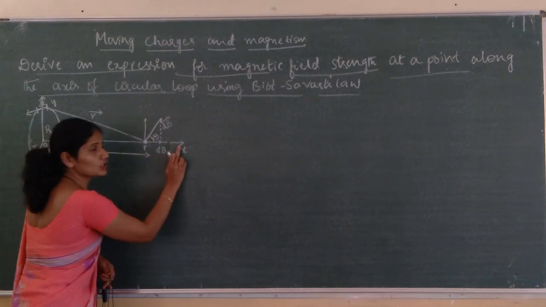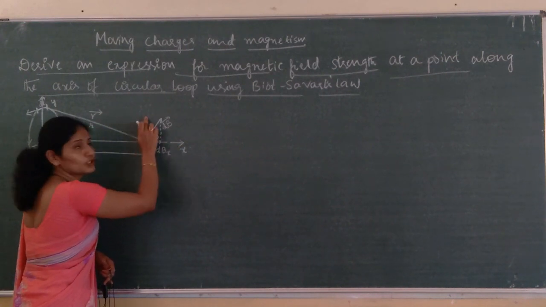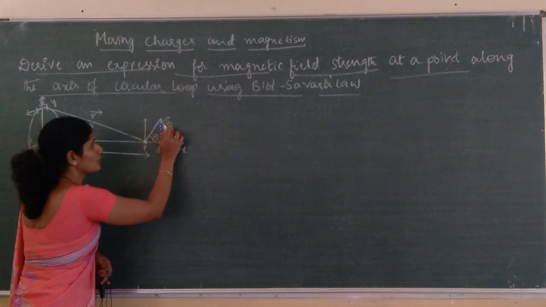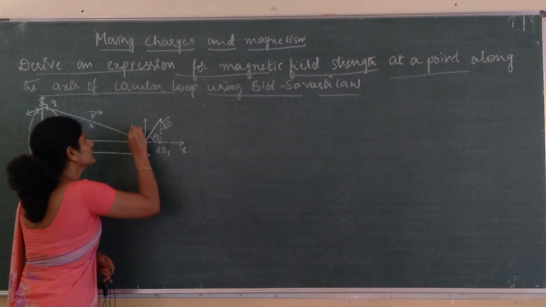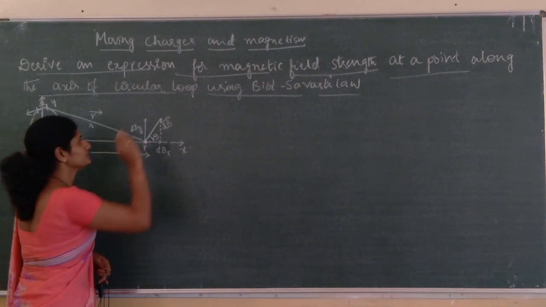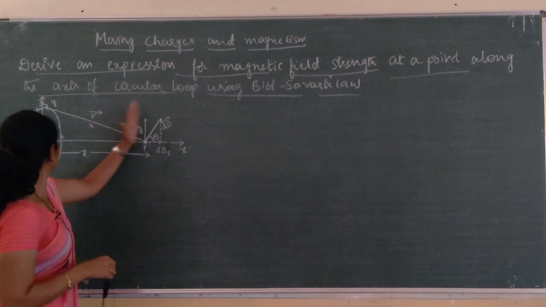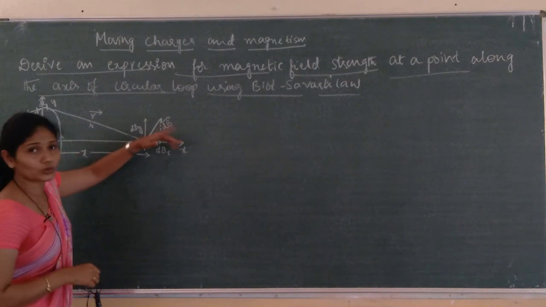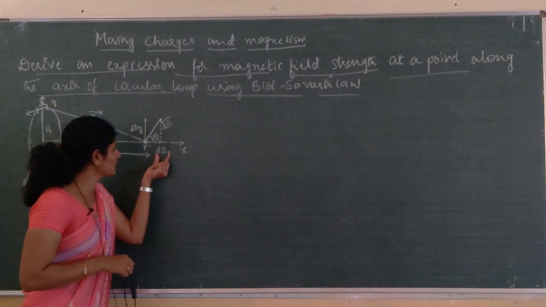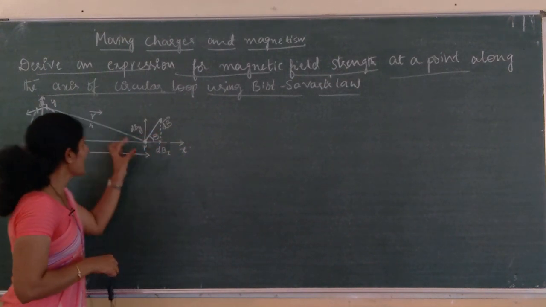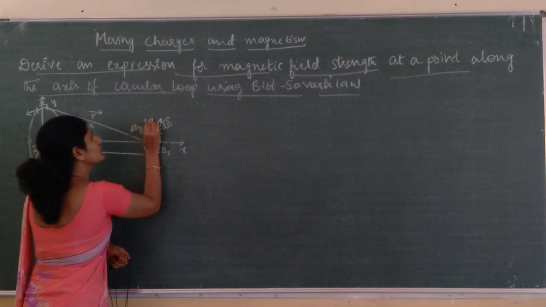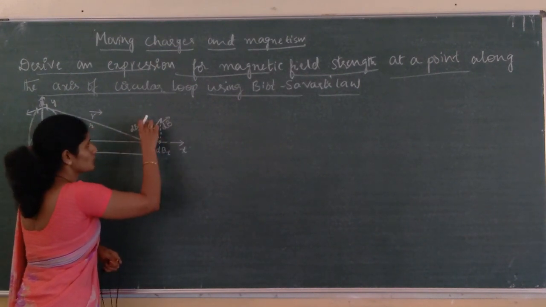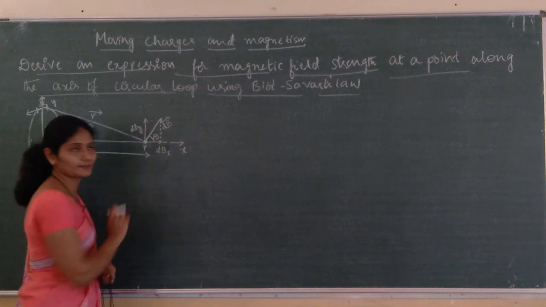This is the parallel component and this is the perpendicular component. The perpendicular component of dB is dBy, because it is parallel to the y axis and this is parallel to the x axis. So this component is denoted as dBx and this component is denoted as dBy.